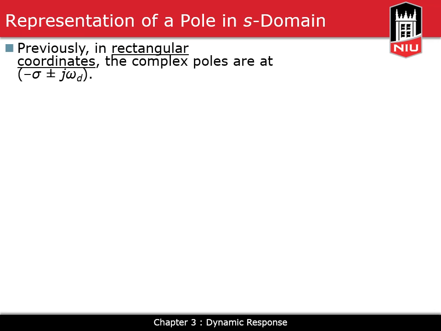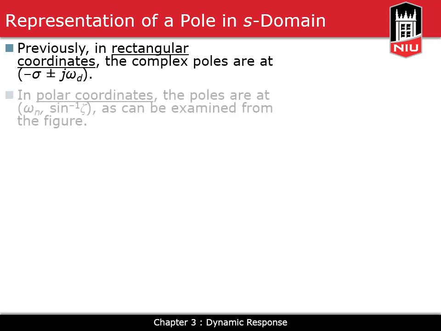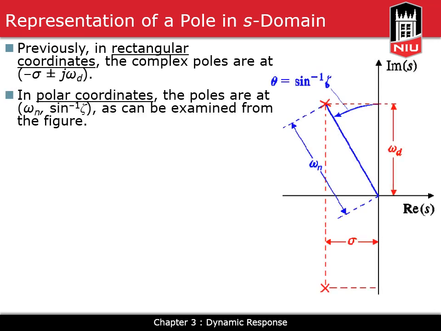Previously, in rectangular coordinates, the complex poles were shown as negative sigma plus or minus j omega d. We can also use polar coordinates. This is sometimes very helpful. You know that complex numbers can be represented in the rectangular coordinate system as the real part plus the imaginary part, or in polar coordinates with the magnitude and the phase angle.